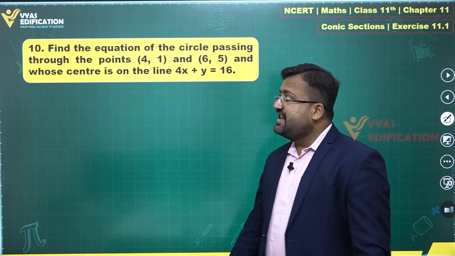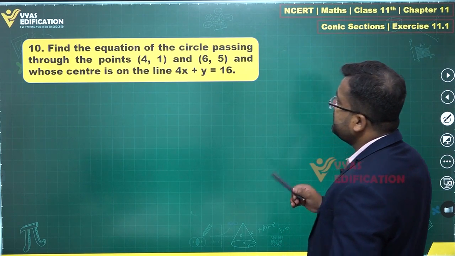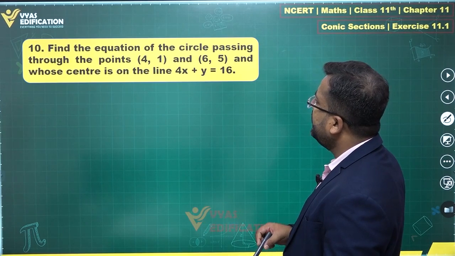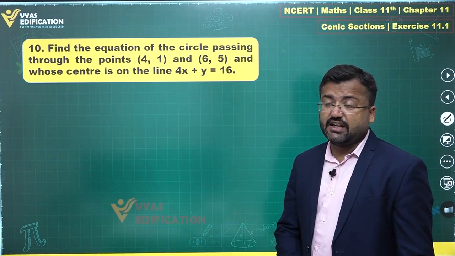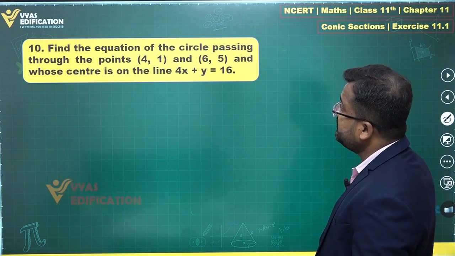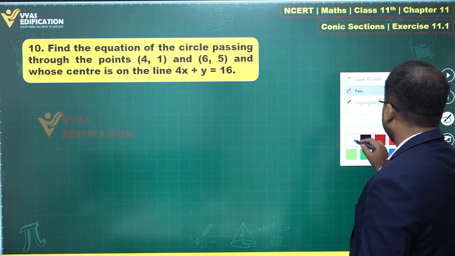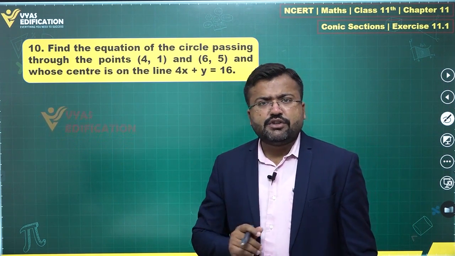The 10th question says, find the equation of the circle passing through the points 4, 1 and 6, 5 and whose center is on the line 4x plus y equals 16. The equation of the circle passing through these points, and center is lying on this line. So what does the equation of circle look like?